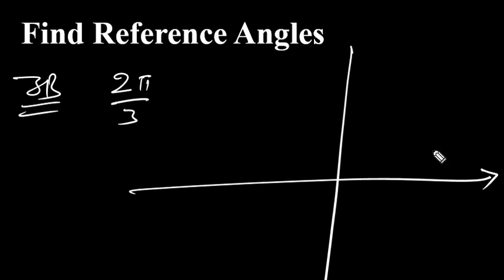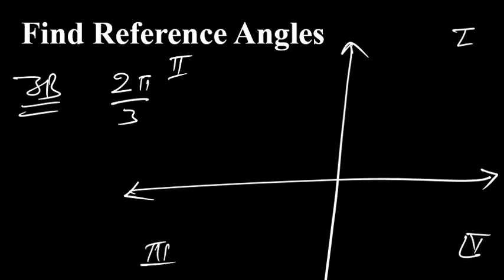Next question. Next we have 2 pi by 3. So again, draw your coordinate plane. Quadrants 1, 2, 3, and 4. Now what do we have to do? 2 pi over 3, where will it be? First of all, pi over 3 is 60 degrees, right? If you don't know it, you should know it.